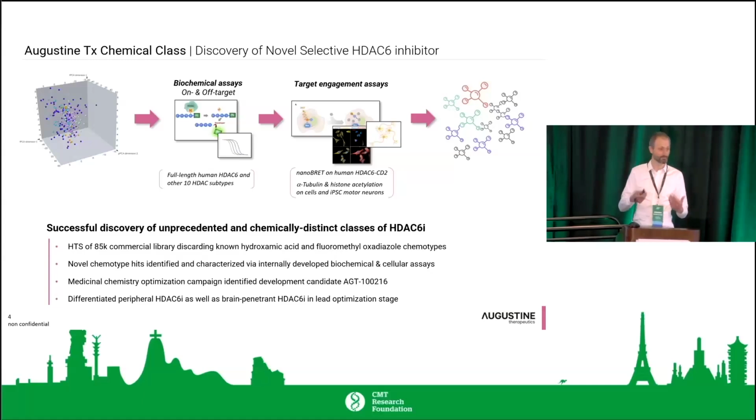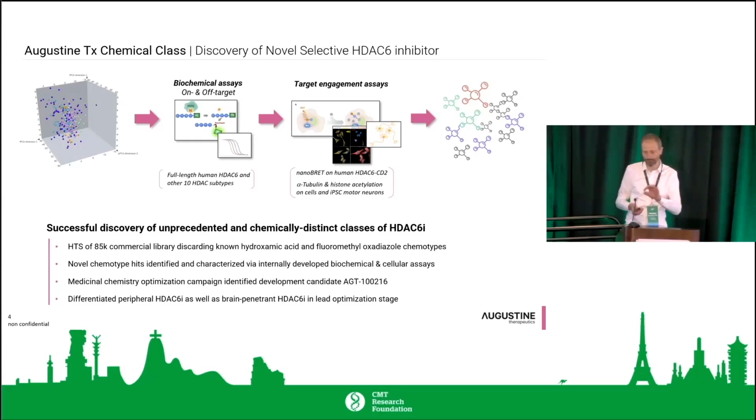And we have identified a novel chemotype that we have characterized through our internal cascade, which is an in-house developed biochemical assay, but also a NanoBRET, so an in-cell target engagement assay, and then an imaging assay, so through immunocytochemistry, where we can image both the acetylation of alpha-tubulin versus the acetylation of histones, showing then whether the effect is purely on alpha-tubulin or also on the epigenetic HDACs.